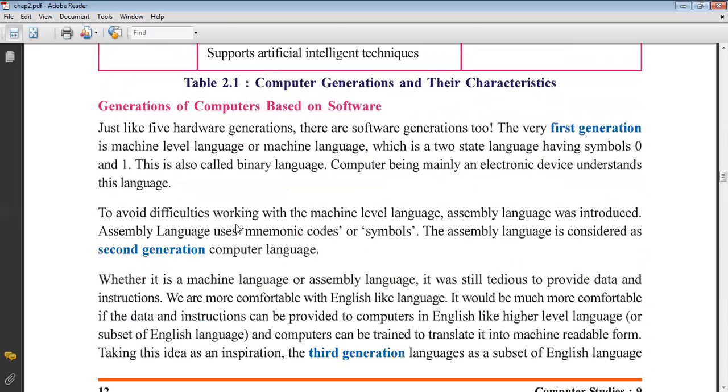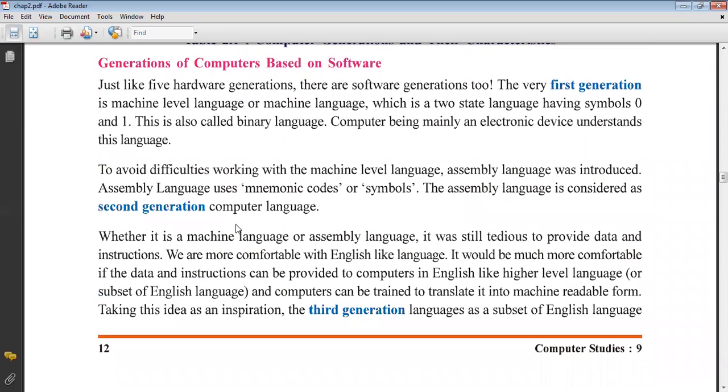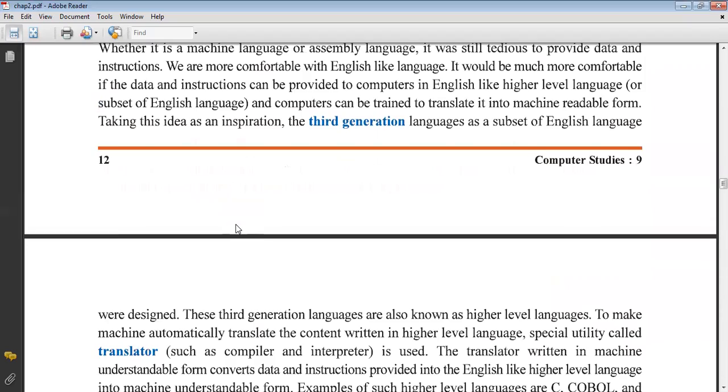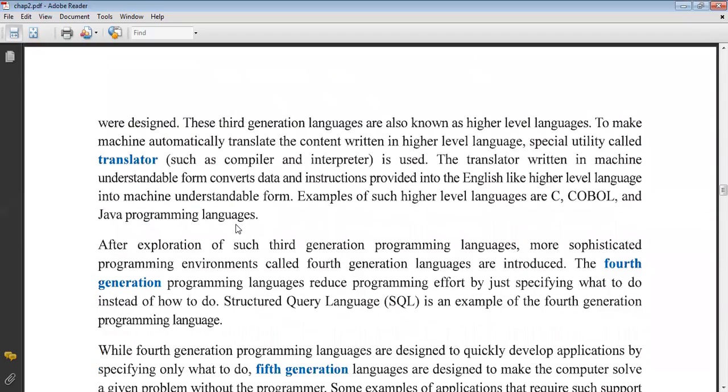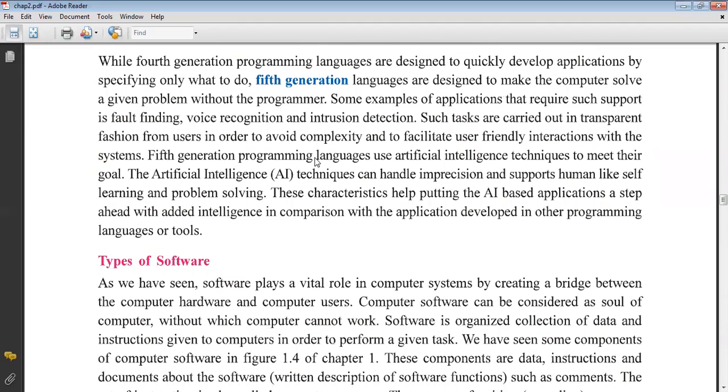Generation of computer based on software: first generation, second generation, third generation, translator, compiler, interpreter, fifth generation. What is fifth generation? Architectural programming. In fifth generation, specialized languages are designed to make computers solve a given problem without a programmer. Robot is the example of fifth generation.